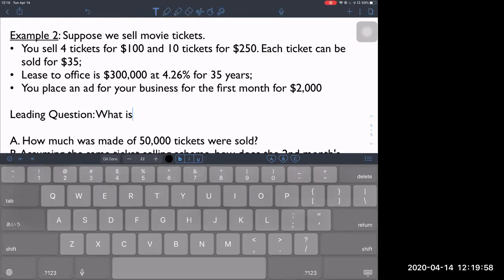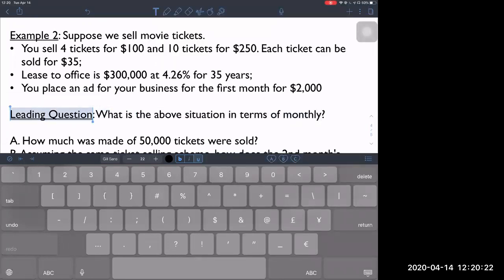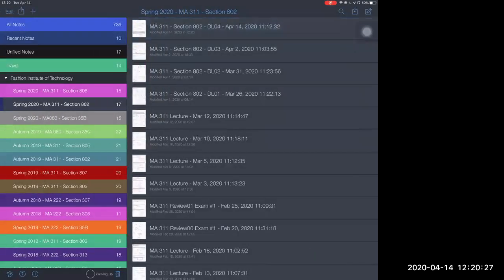What is the above situation in terms of monthly? Nope. Well, just underline. There you go. All right, cool.